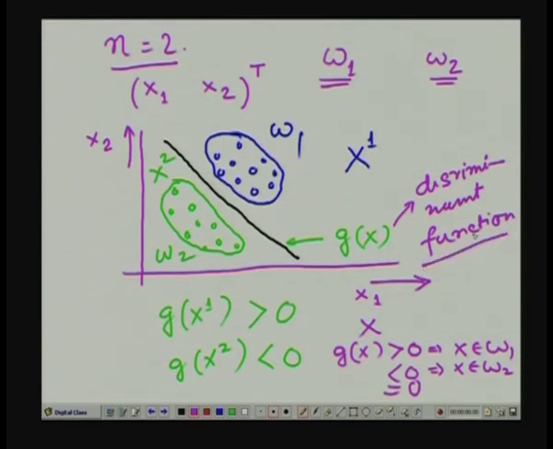So, I can design a discriminant function which basically divides the entire two dimensional space into two different halves, one half for all objects belonging to class omega 1 and the other half corresponding to the objects belonging to class omega 2, and for any unknown feature vector x, we just find out the value of g x.